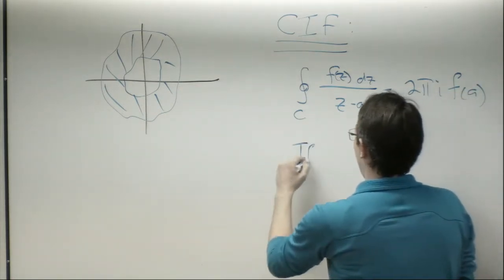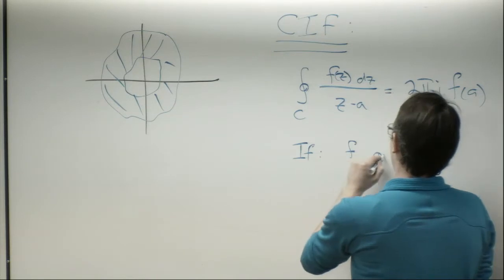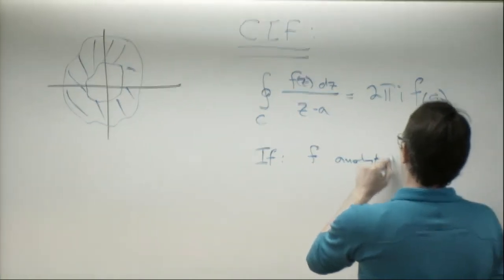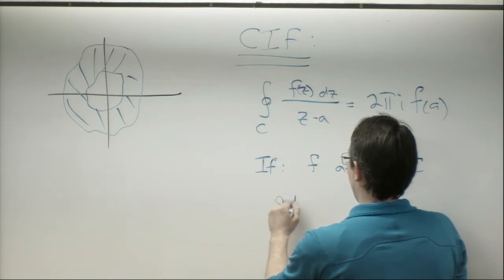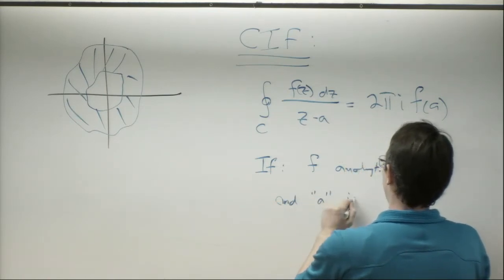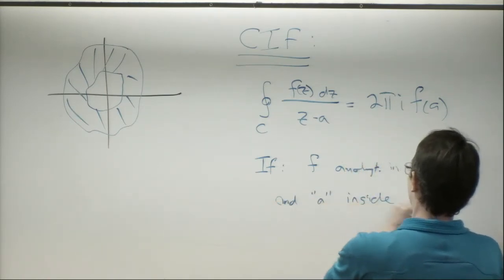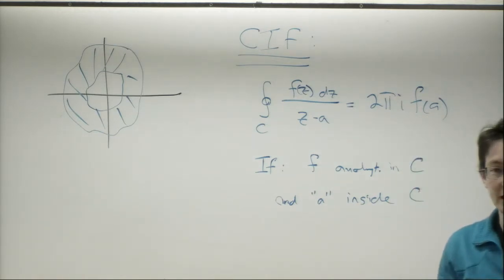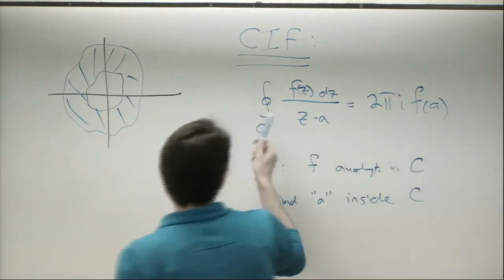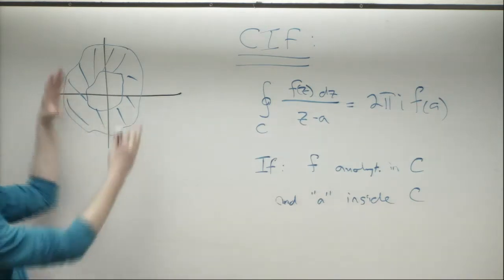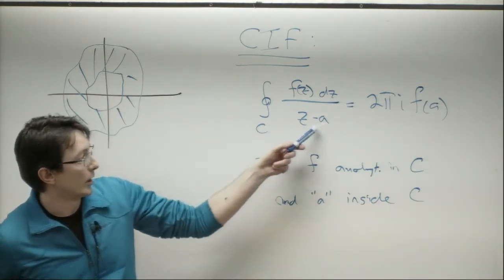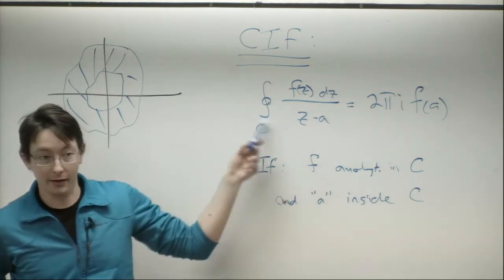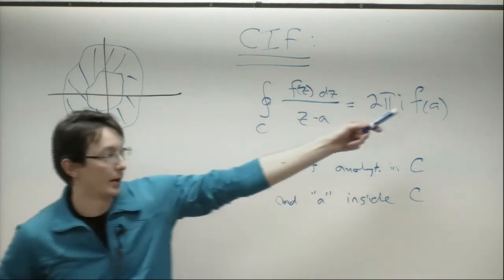That's if f is analytic in C, and this point a is inside C. That's it. Okay? If I have an analytic function somewhere inside my closed contour C, and I have this point a which is inside that contour, I add the singularity, and this is what my integral equals.